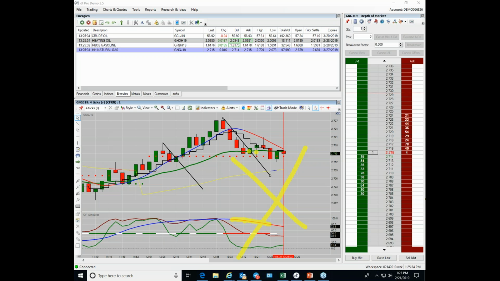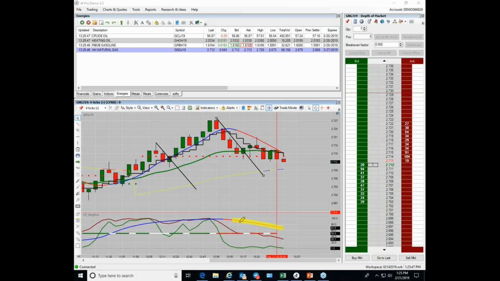Why? Because when the market is giving you this different color on the cycle, it turns a different color and starts curling over, what it's suggesting is we might be having a cycle reset. In other words, the market's been moving up, moving up, moving up, and then at some point it's going to start creating a larger correction.